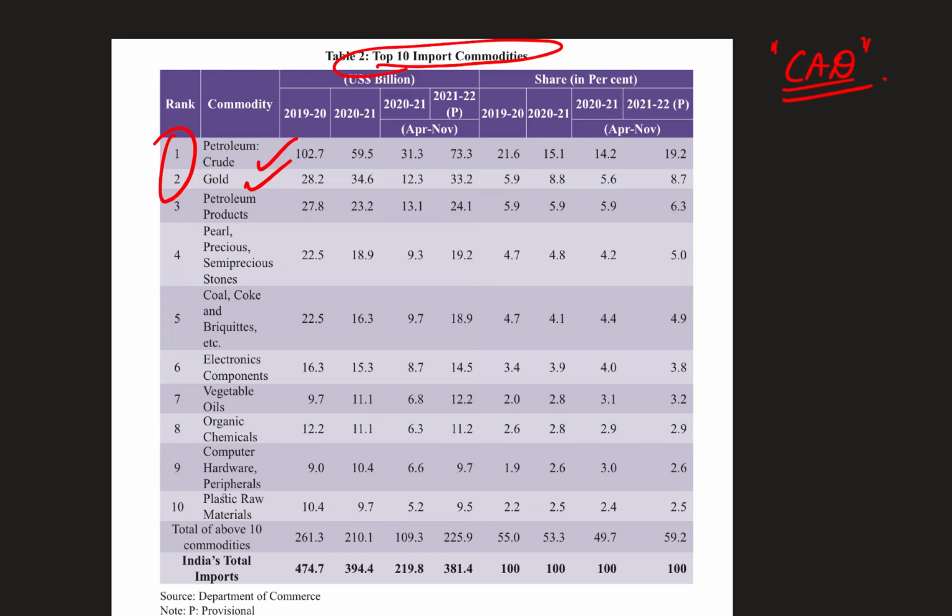So any scheme that tries to address this problem is important for us in our examination, and even in the future, if there is any scheme in the news which talks about reducing dependency on crude oil, let's say if we are talking about the topic of e-vehicles or battery swapping technology or any alternative fuels, it is all done to address this issue of reducing the current account deficit, which is a major problem for our country. Therefore, remember such type of issues when they appear in news.